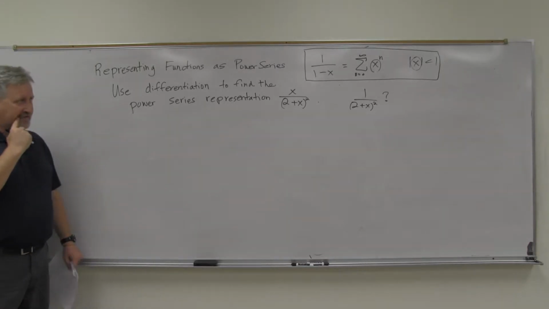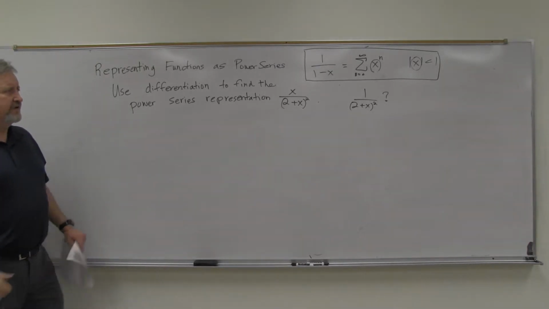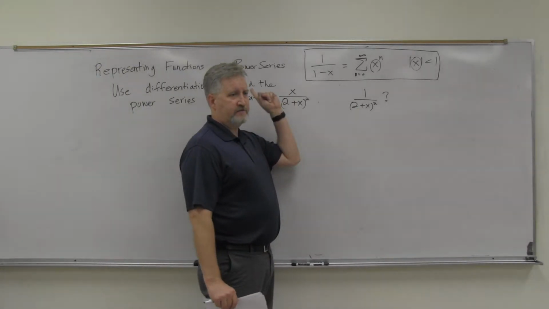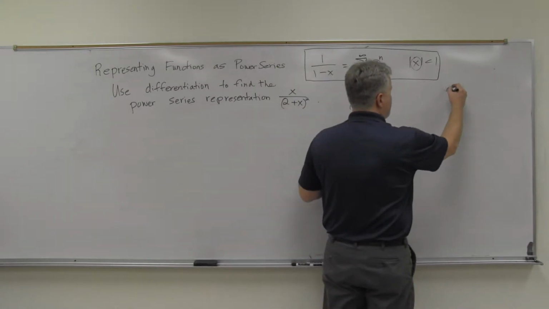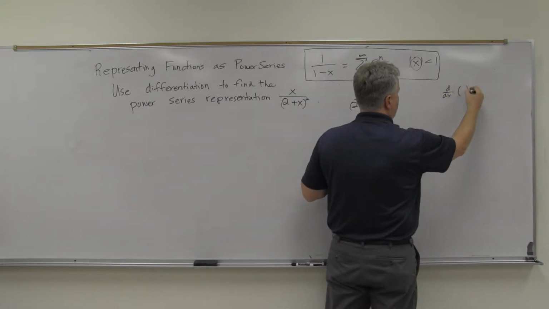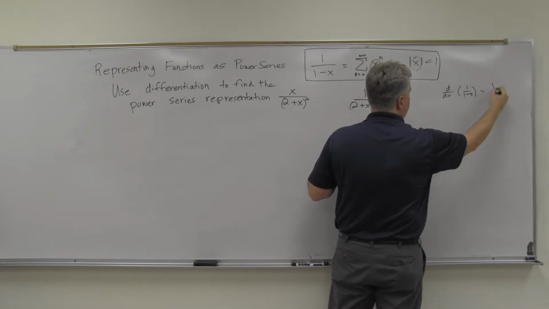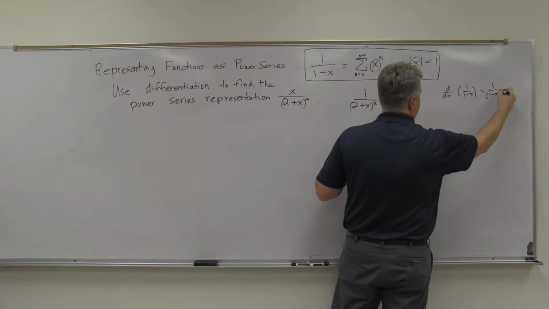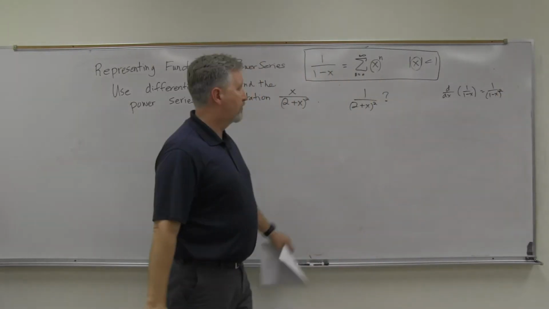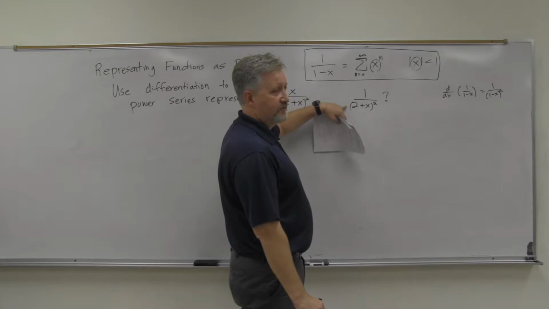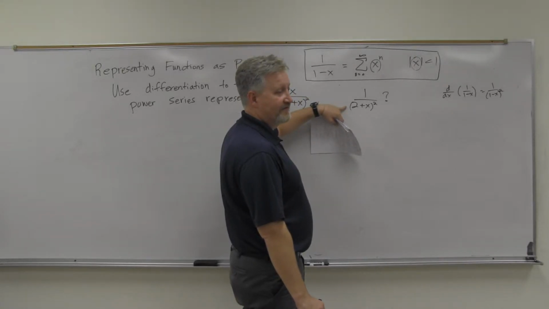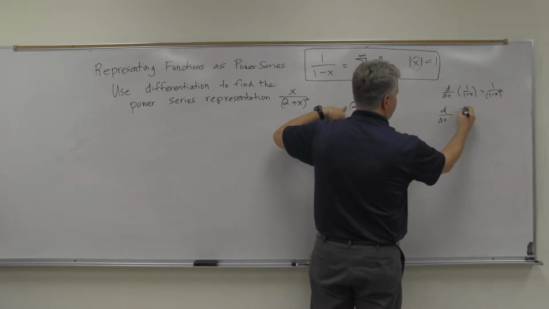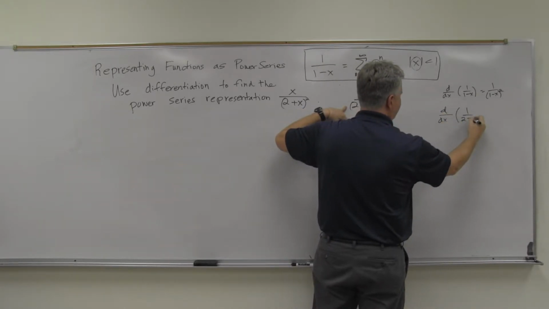This is where it kind of gets a little tricky. How are we going to get that using differentiation? Well, if d/dx of 1 over 1 minus x equals 1 over (1 minus x) squared, what do you think d/dx of what gives me that, or close to it?